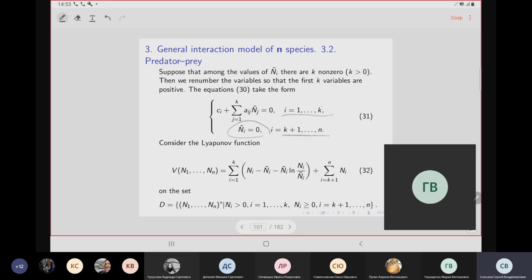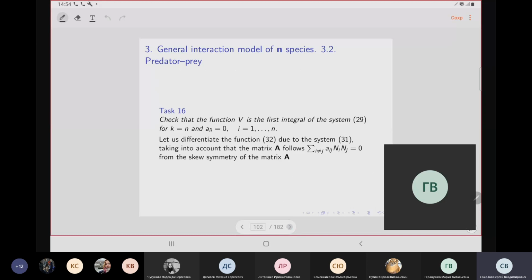Then we can consider our Lyapunov function, the same as for the Lotka-Volterra equation, the same one. For our first k equations in this form, and for the last n minus k equations, simply Ni. We can prove that the function is equal to 0 at the equilibrium, and it is always positive outside.